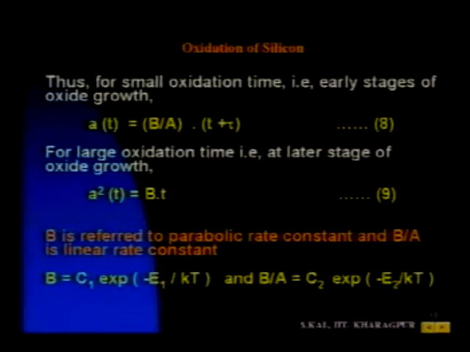So those are all related with these analytical relations, and obviously the B by A and B, the linear rate constant and parabolic rate constant, those values are dependent on capital T, temperature. If you find the expressions of B by A and B, you will find some parameters which are dependent on the temperature. At different temperatures, those values are different.